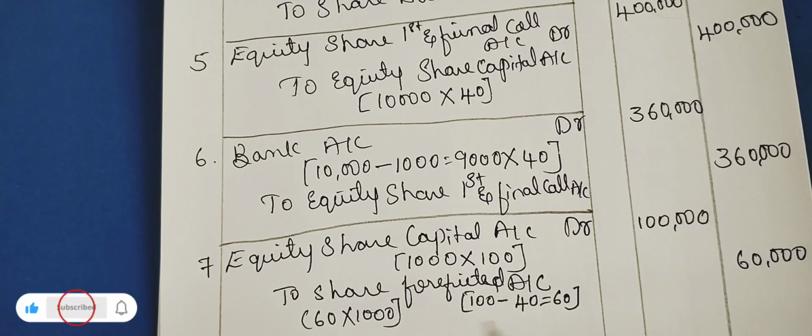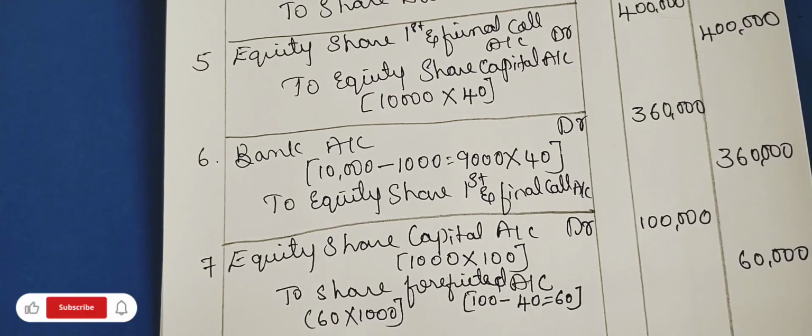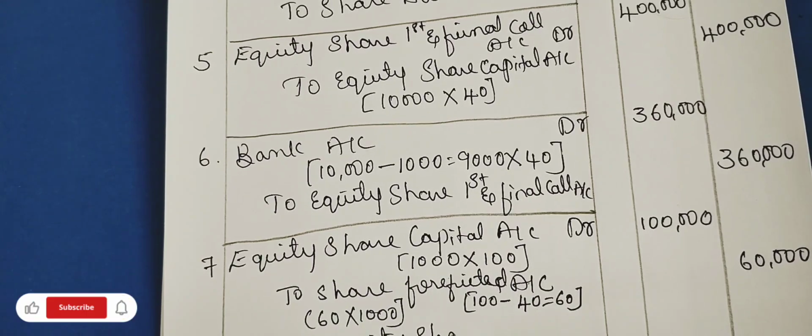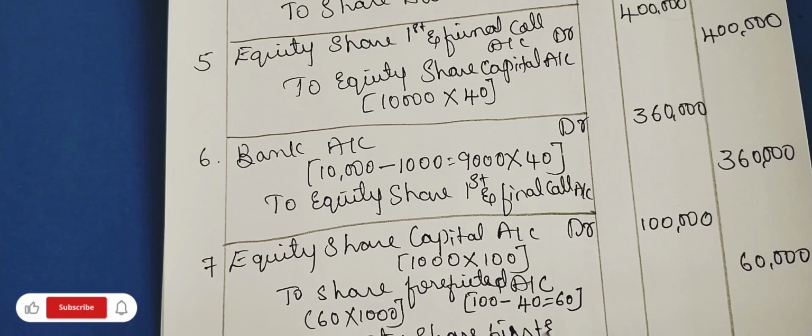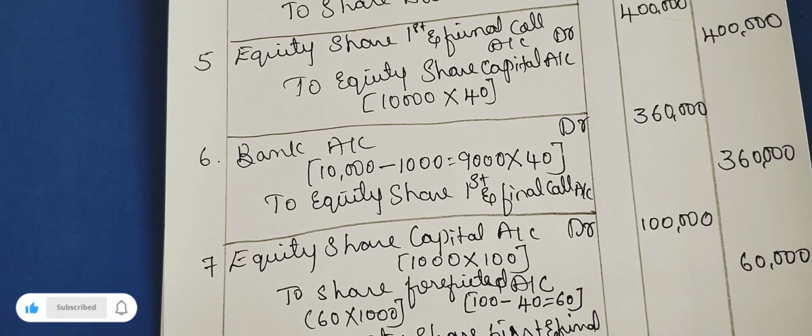Or you can do to equity share first and final call account, that is 1,000 shares you have not received at the time of first and final call.